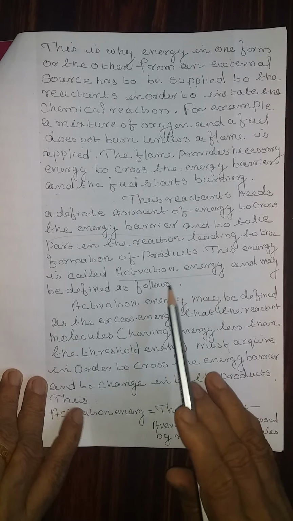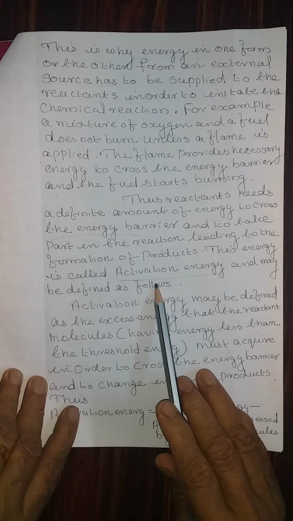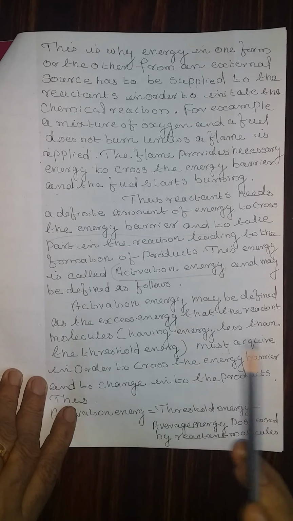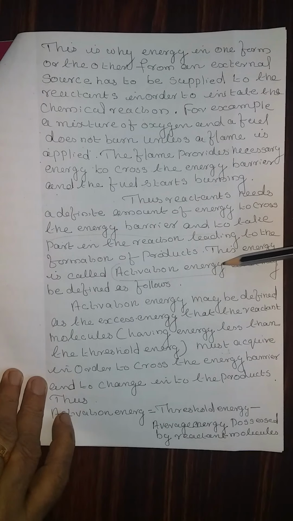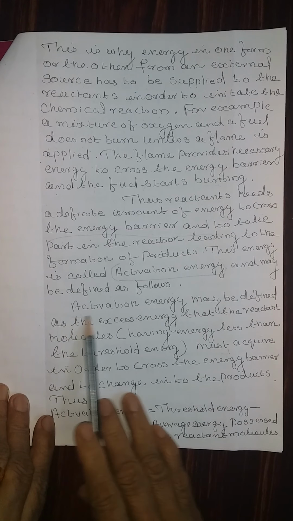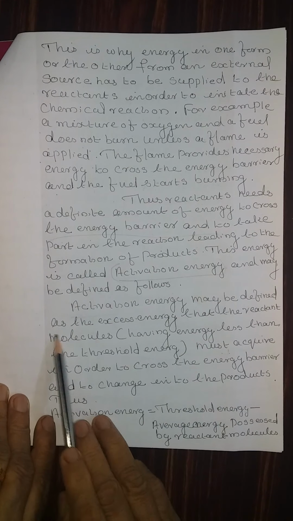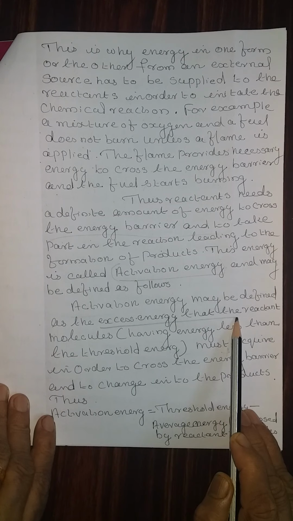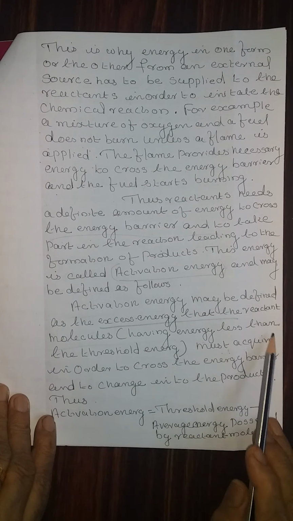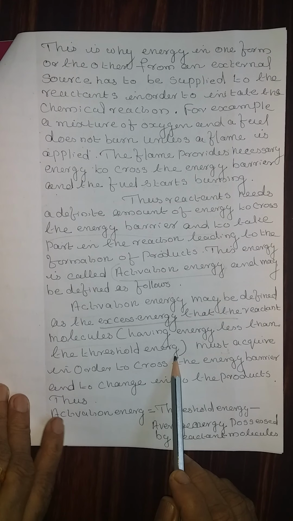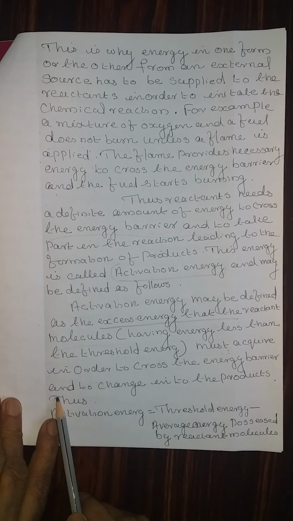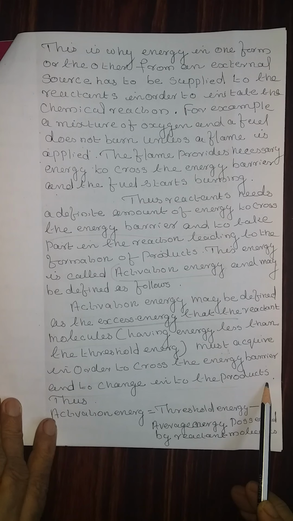That means the amount of energy possessed by the reactant plus activation energy is called the total threshold energy. Activation energy may be defined as the excess of energy that the reactant molecules, having energy less than the threshold energy, must acquire in order to cross the energy barrier and to change into the product.